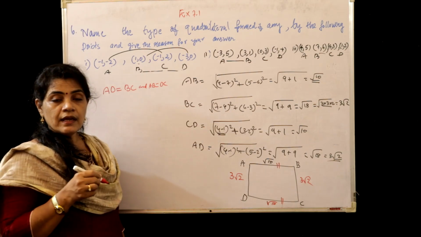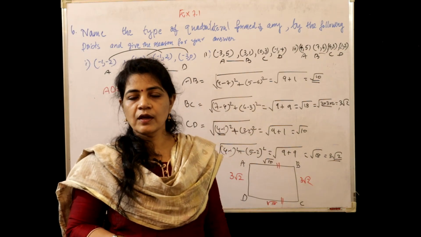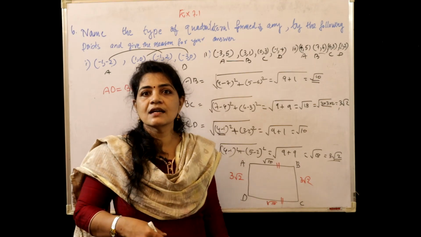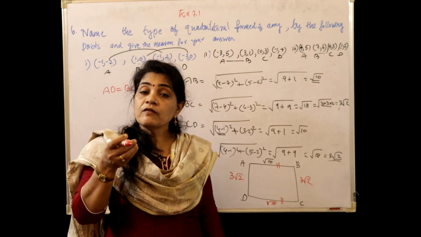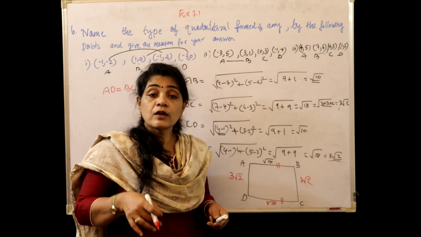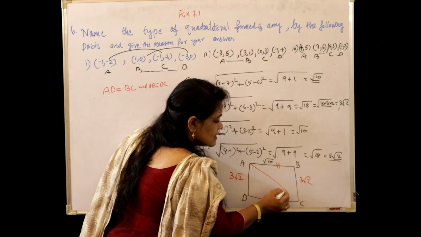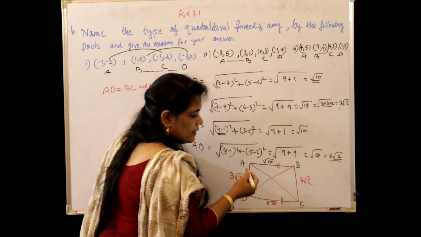Okay, so it can be a rectangle or parallelogram. Okay, in a parallelogram also opposite sides are equal. Then how can we say that this will be a parallelogram, or how can you conclude? Only after getting the diagonals AC and BD.